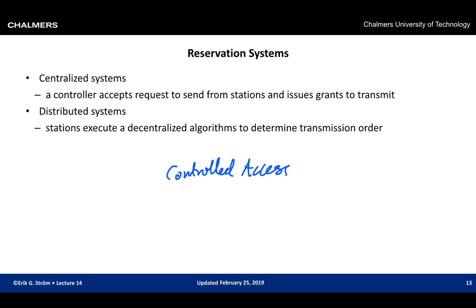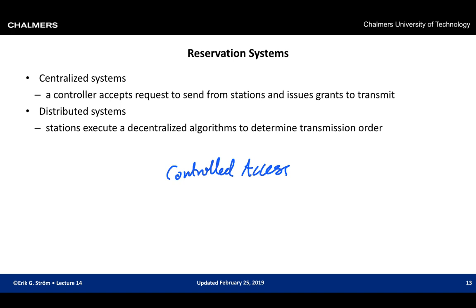There is a family of these called reservation protocols or reservation systems, and they could be centralized or decentralized. Centralized is maybe the most common one, where we have a special node or a controller, a central unit that accepts requests to send from stations and then issues grants for transmission. We can think of this maybe like in 4G.